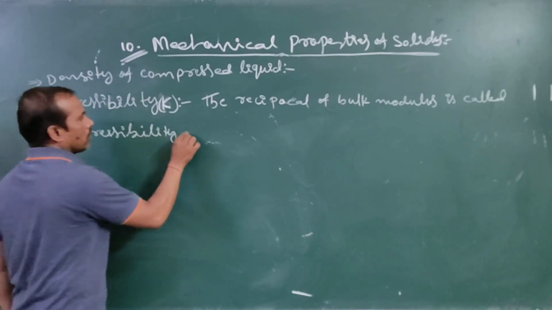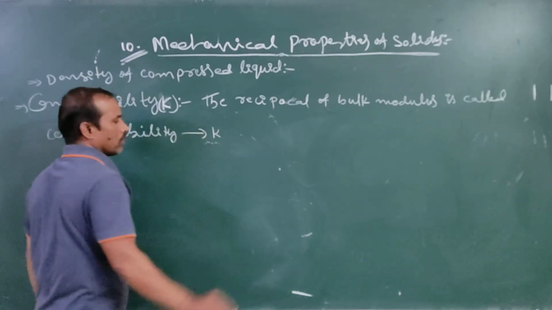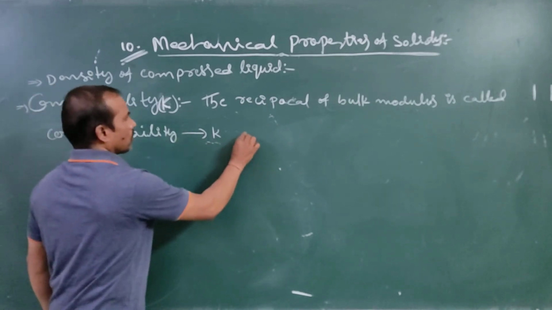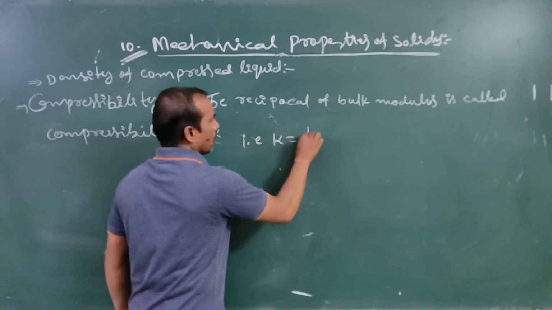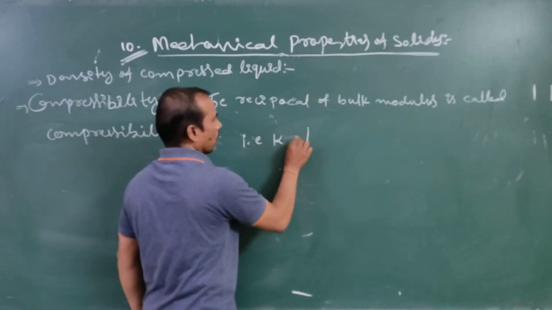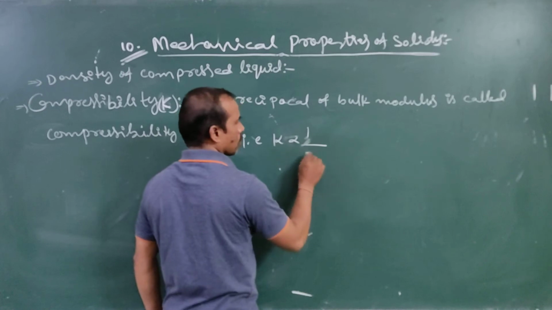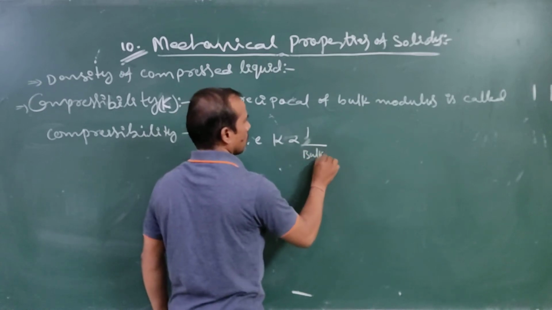It is denoted by K. That means the compressibility K is equal to the reciprocal of the bulk modulus.